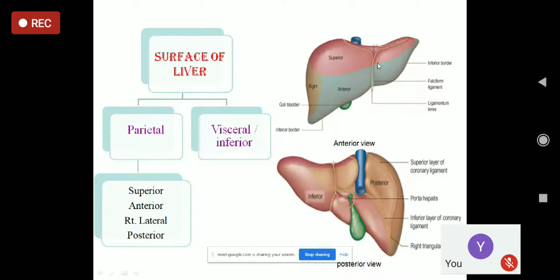When you hold this liver in anatomical position, you'll see the posterior surface is part of the parietal surface. Only the visceral surface or inferior surface is below it. So all of this comes under the parietal surface. The viscera are related to the inferior surface, so this is known as the visceral surface.